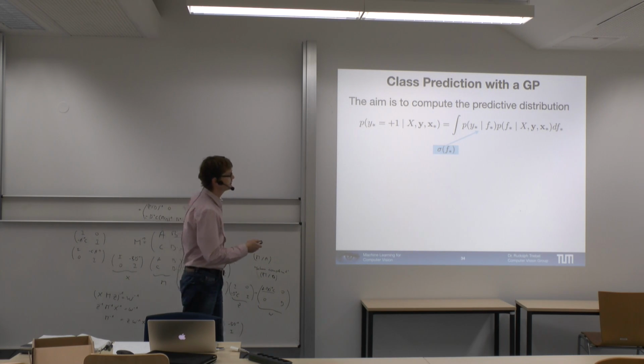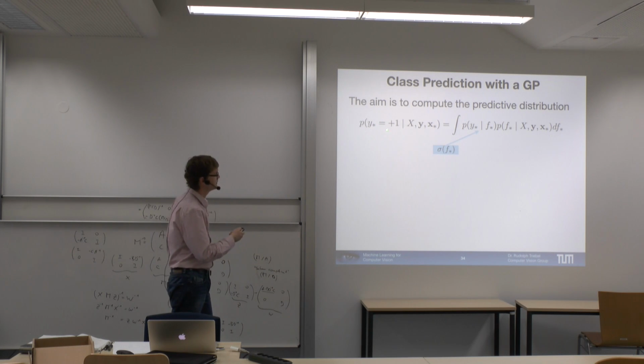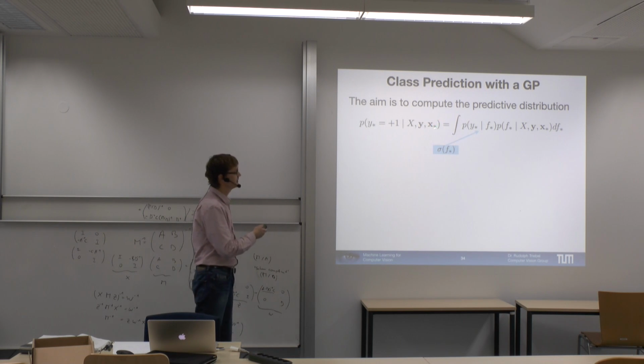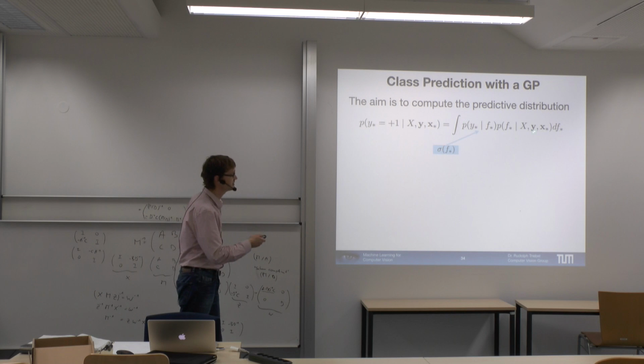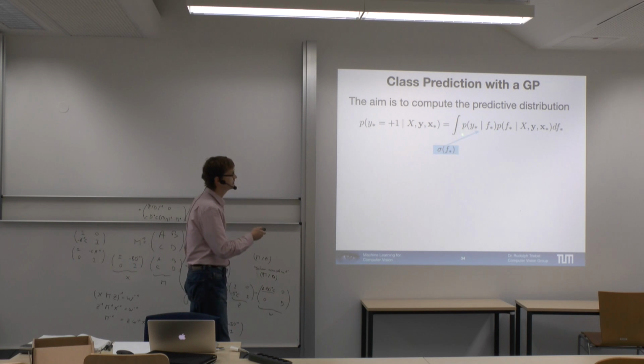What we want to do is compute the predictive probability of class 1 given the training data and the test input, right? This is again the same as before. We have here, what's the probability of being class given our training data, x, y, and given our test input, x star. We can now express that as a marginalization over all f stars, right? This is, again, the marginalization thing, where we just say, this is our likelihood.